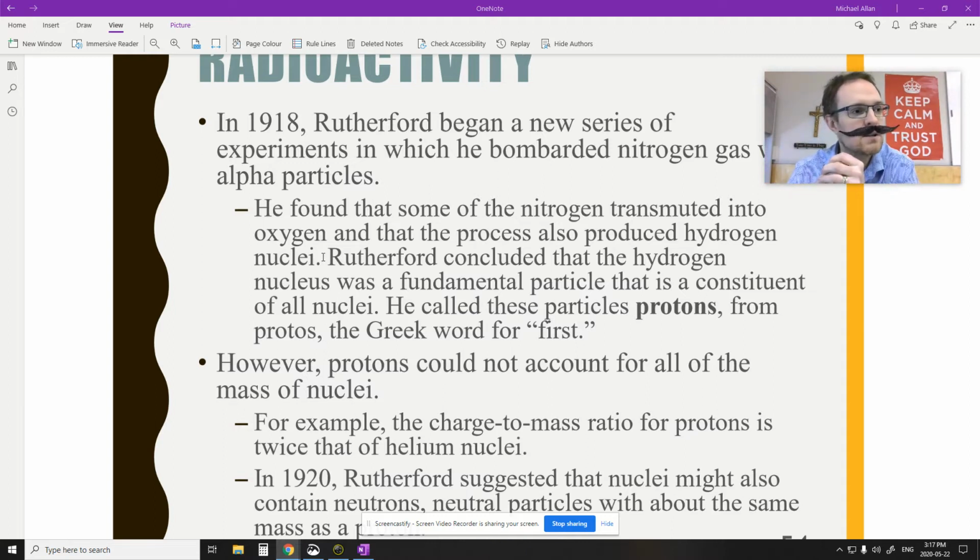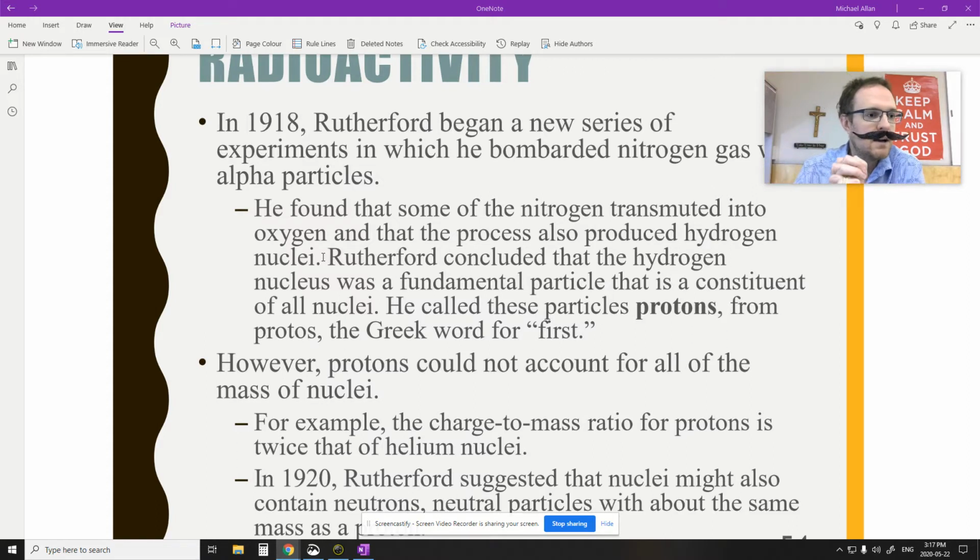It's a charged particle. So he concluded that these hydrogen nuclei were a fundamental particle. They were constituents of all nuclei, and he called them protons. So a hydrogen-1 nucleus is just a proton.